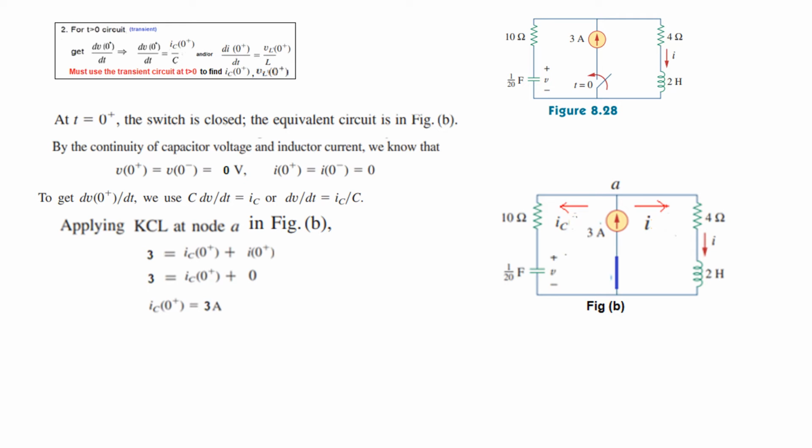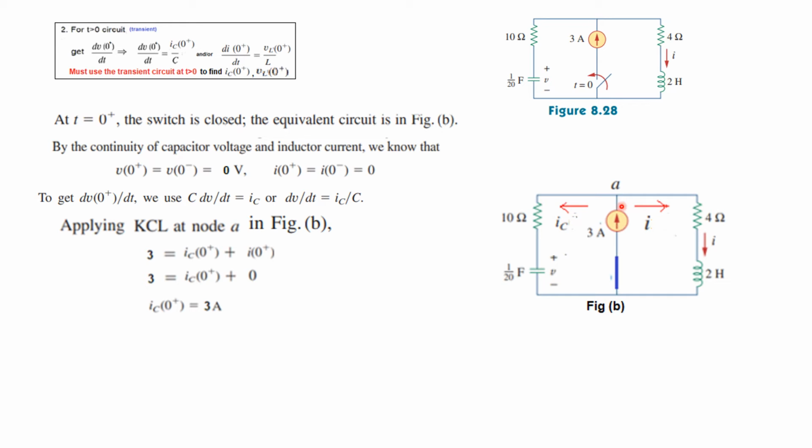Now we have to find the parameter dV0/dt or di0/dt as required. To get dV0/dt, we use the formula I = C dV/dt, and from here dV/dt is IC over C. So we have to find IC first, applying KCL at node A. At this node A, this current is IC0 plus and this current is I0 plus.